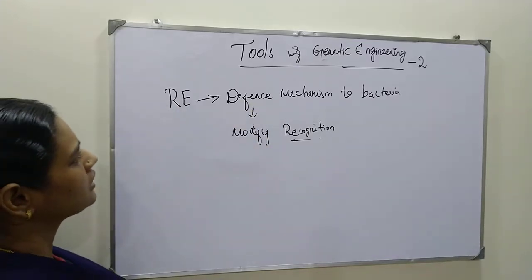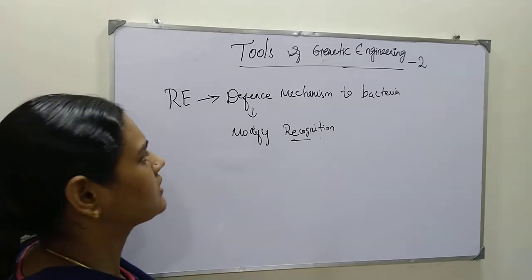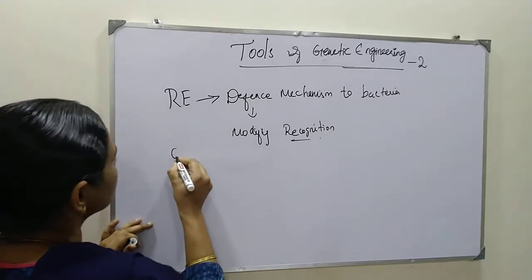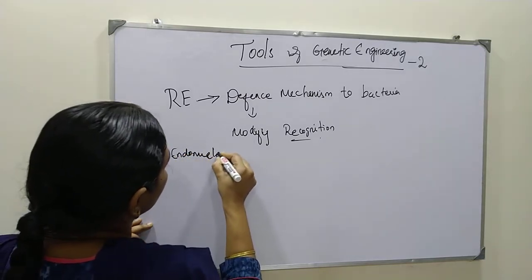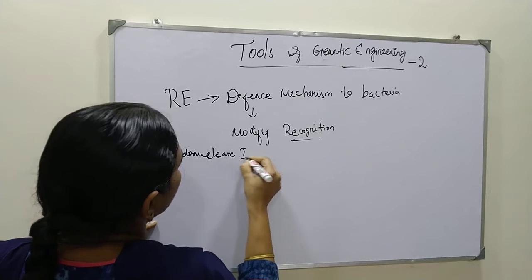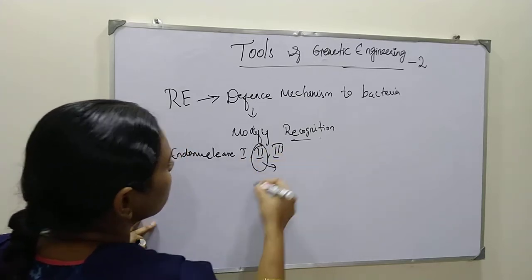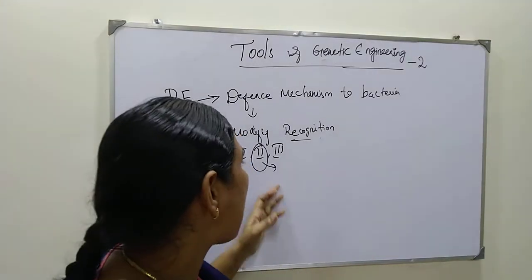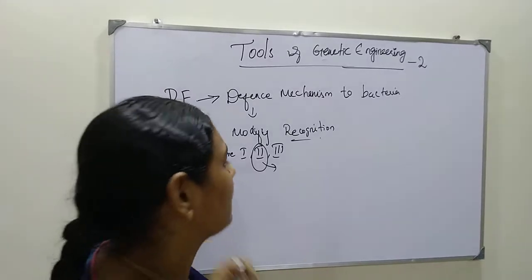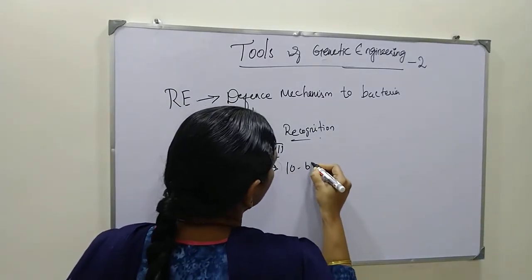This restriction endonuclease enzyme has three types: restriction endonuclease 1, 2 and 3, in which type 2 is the most predominantly used in recombinant DNA technology, because it has the tendency to recognize sites within a 10 kilo base pair.